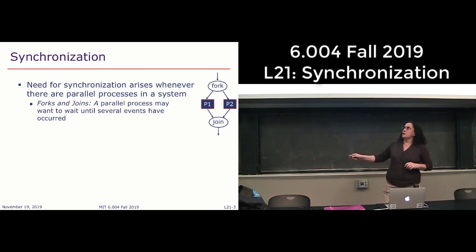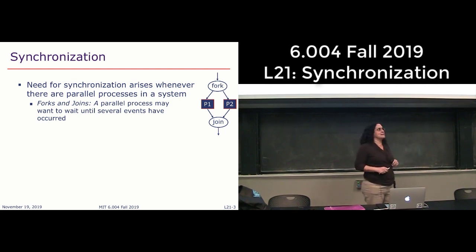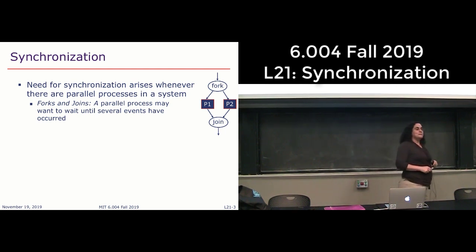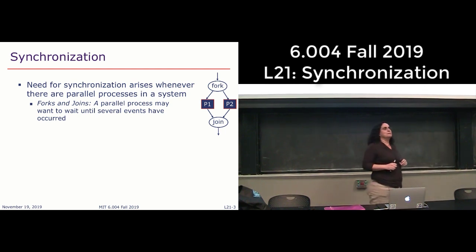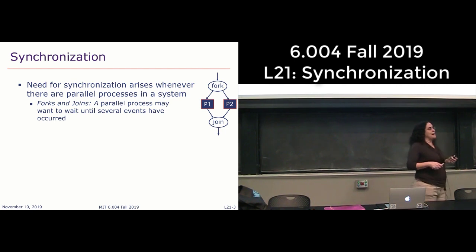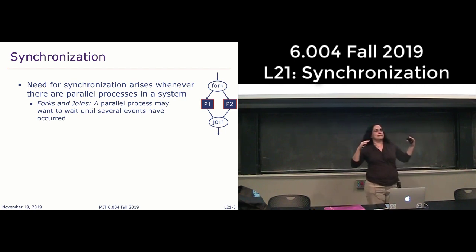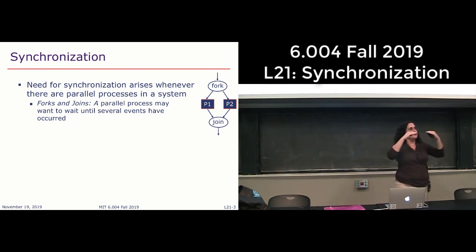Here we show 2 threads executing in parallel. But before you continue with the rest of your program, you have to wait and make sure that all those threads completed their computation. So we have this join step down here, which ensures that all the threads completed their execution up to a certain point before we can continue with the next step. This requires some form of synchronization amongst those threads.